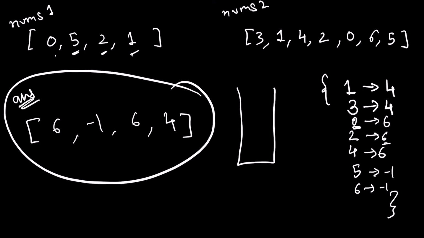Because whenever a larger element was encountered, only then we were popping off the smaller elements, and when we popped them off, we also stored in a dictionary that this is the element that got popped off, and this was the element that popped it off. So because that was the element that popped it off, and only larger elements can pop off smaller elements, we knew that this has to be the next greater element for that key, right? So yeah, that was the algorithm, and now I guess we can just move on to the implementation part.